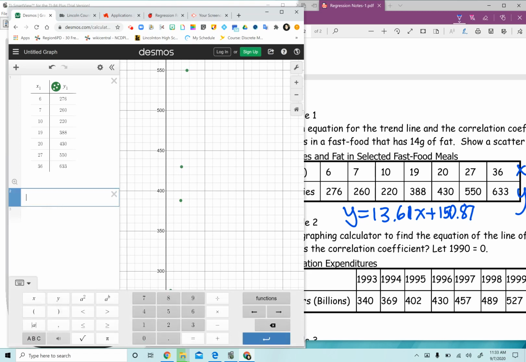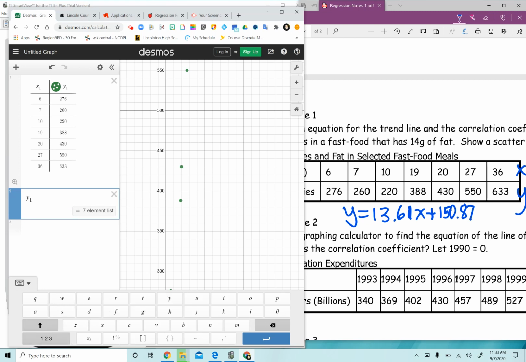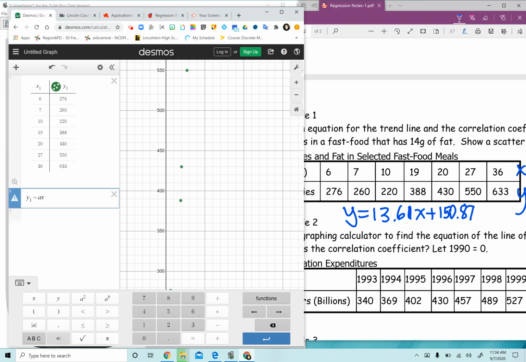So we would do y1, and tilde is right here. And we say ax1 plus b.